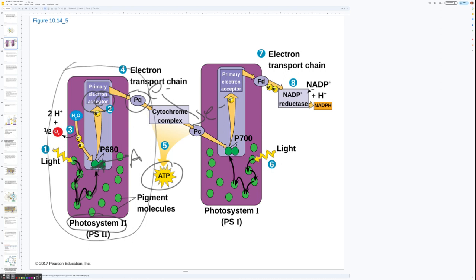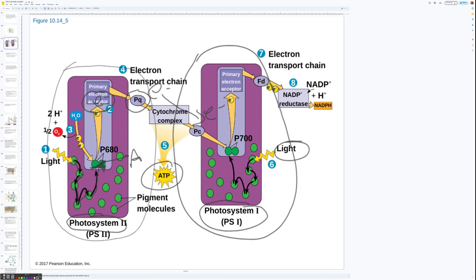He's not as excited as he was. He's like, I'm a little run down right now. But that's okay, because there's another one of these blobs, one of these photosystems. And he will be struck by another wave of light. So there'll be a second photon of light that will hit him.